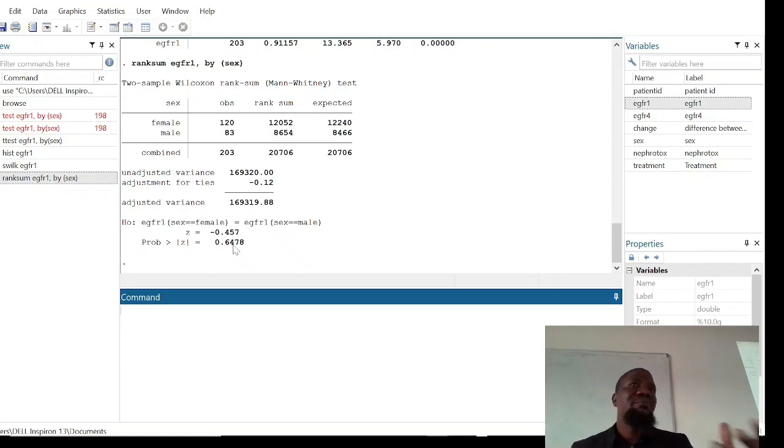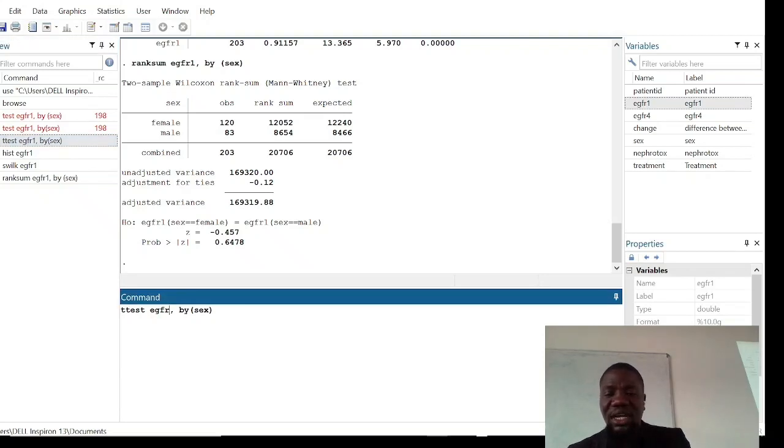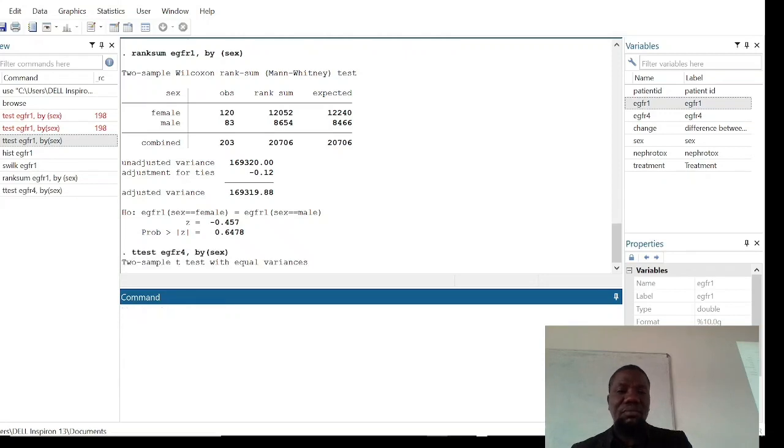Interestingly, if you did the same command on the EGFR4, you are likely to see a difference. This is because the drug these patients were put on had ended up causing nephrotoxicity, which reduced their kidney function. So if, for instance, you try to do a t-test, which we said is not desirable, and you just change to EGFR4, the EGFR after treatment, the command is going to still remain the same.